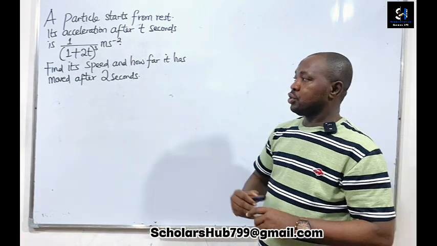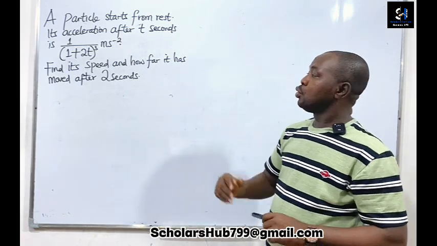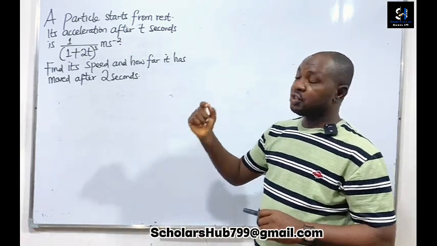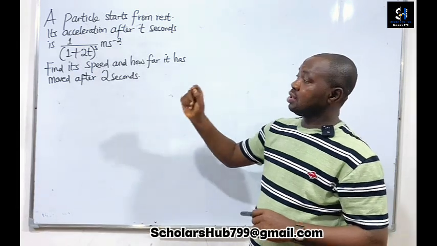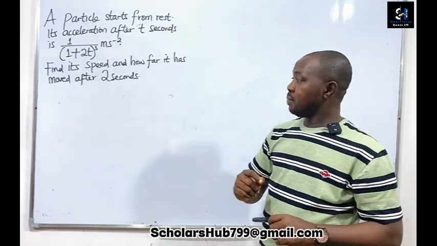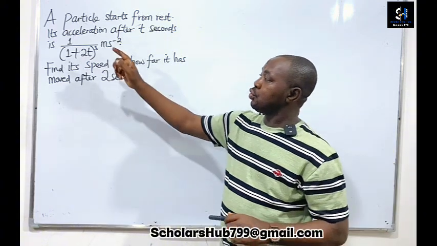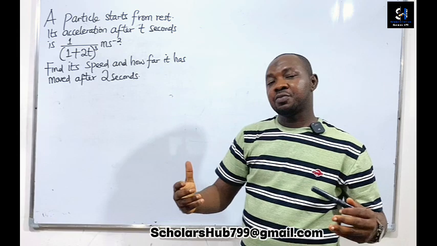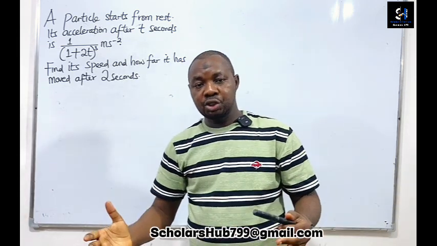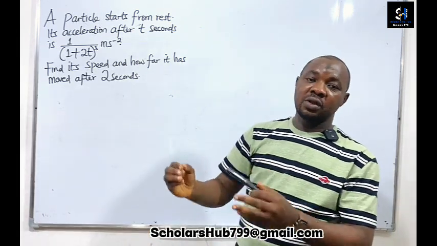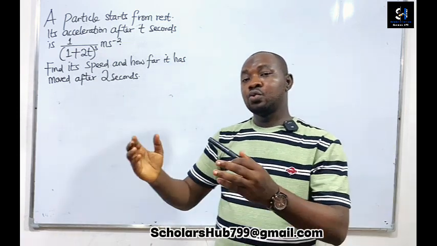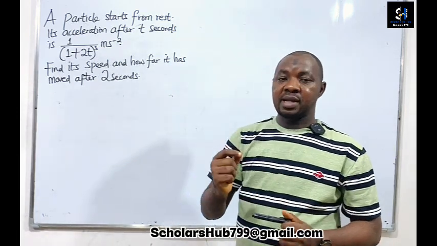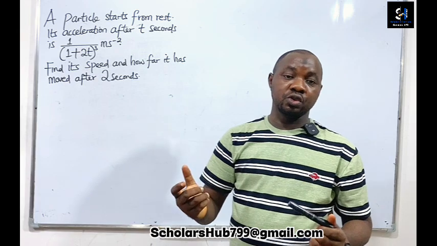Now, to solve this question, the first thing I will do is to derive the equation for the speed function using the acceleration function. Because in the question we are given that the particle starts from rest, I will need to set my initial value condition that the initial velocity equals 0 when time t is also equal to 0.